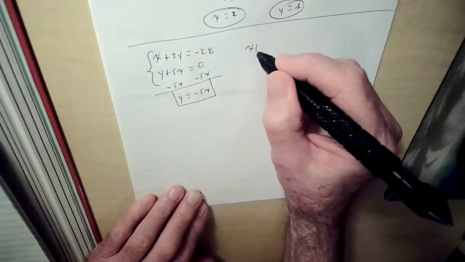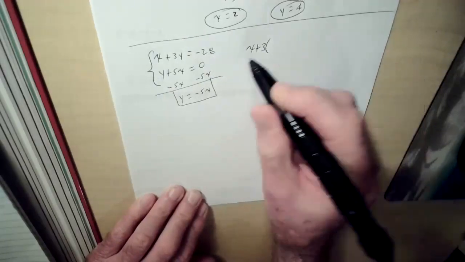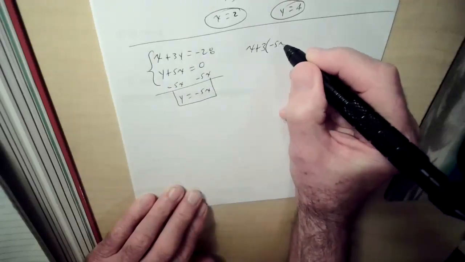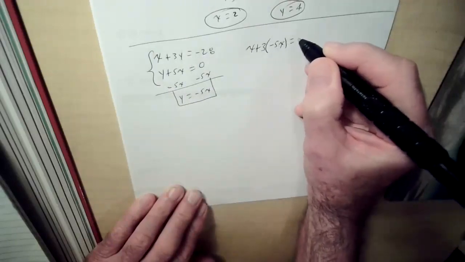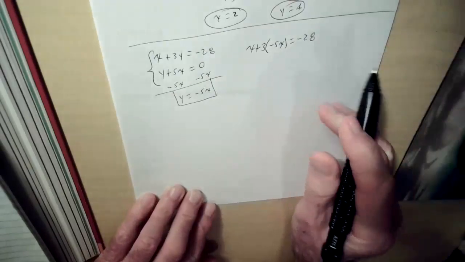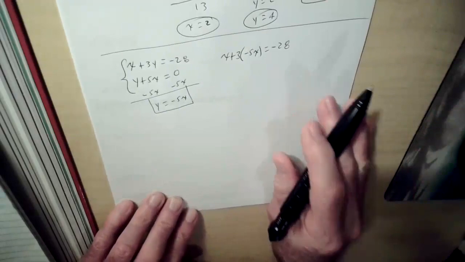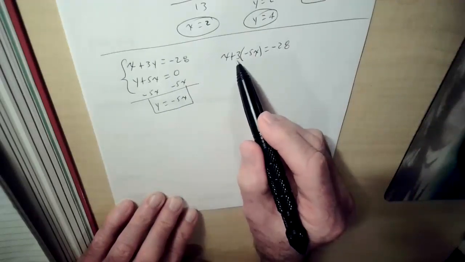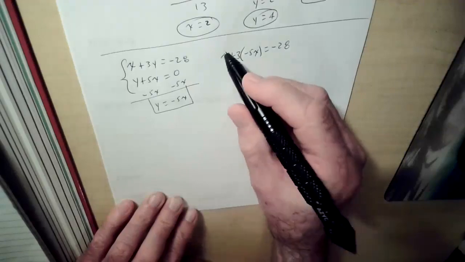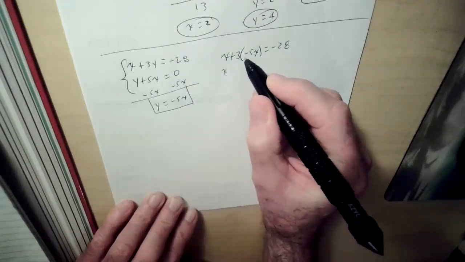We have x plus 3y, but instead of y, we're going to plug in negative 5x, equals negative 28. Now order of operations. We have x.